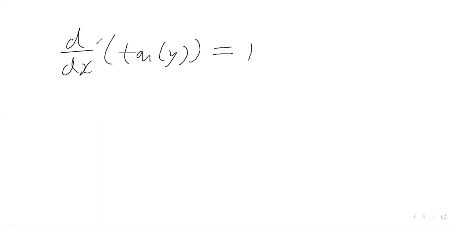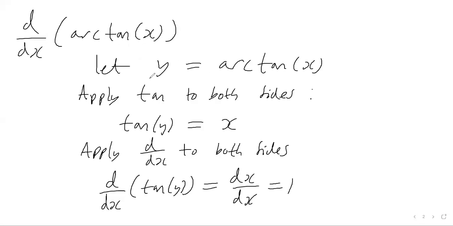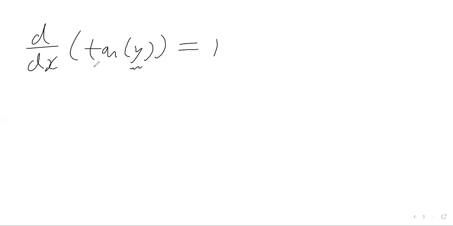What we can do again, like when we differentiated arc sine and arc cos, is use the chain rule. We've got tan of y, and y is a function of x. We know that y is equal to arctan of x. So we've got a function of a function, which just means the chain rule.